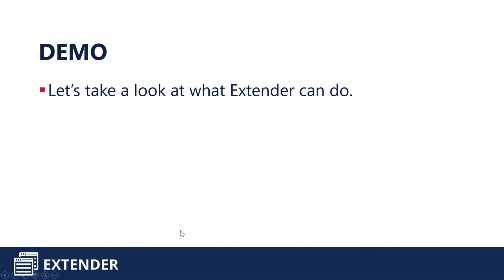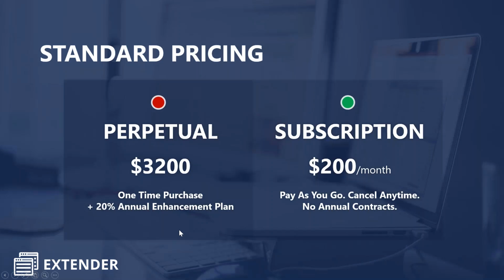Okay, we've taken a look at what it can do, so let's talk about some pricing. Now for our standard product, I told you that is basically everything except for the Extender logic or the Extender actions. Perpetual means you buy it once, $3,200, plus there's a 20% annual maintenance fee.